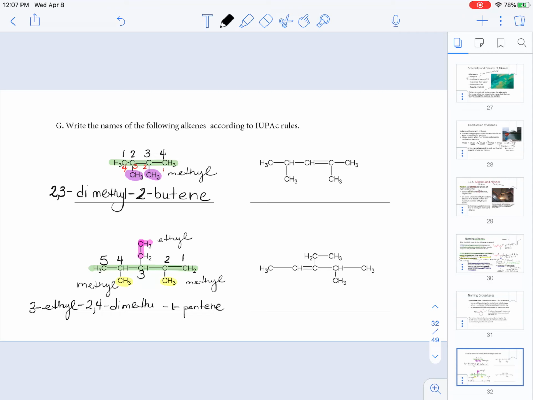dimethyl. For those students that are questioning that right now, well, D actually comes before E. Why would you put dimethyl after ethyl?